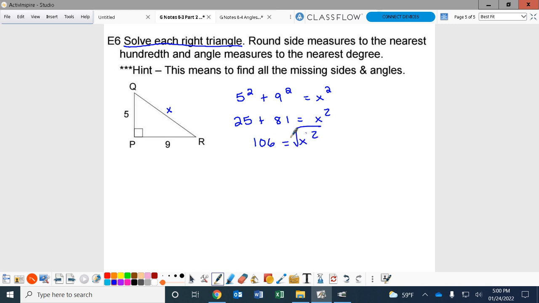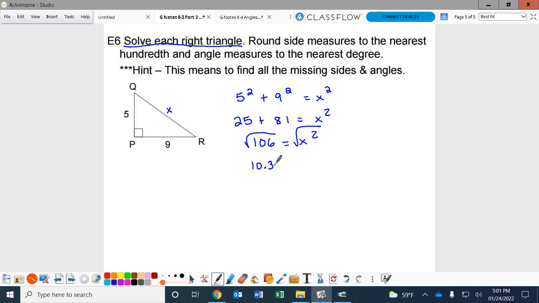I'm going to take the square root of both sides, and I'm going to round that off. So when I take 106, hit the square root button, it's going to round, kind of strange, to 10 point, it's a 29 with a 5 after it, so it rounds up to 30, which is the same thing as 10.3.